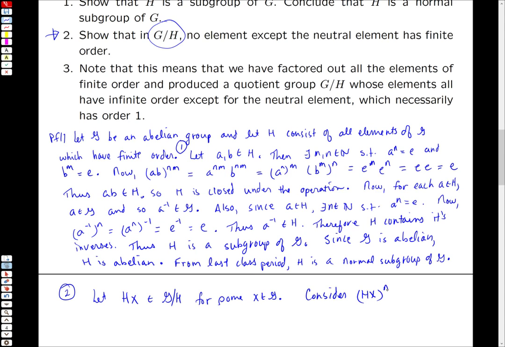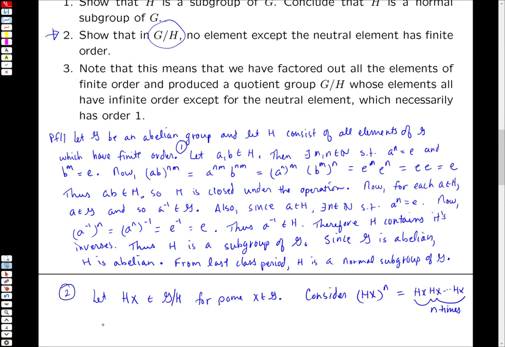What is that going to be equal to? How many times is that multiplied? N times.